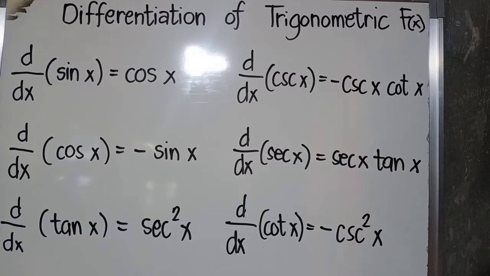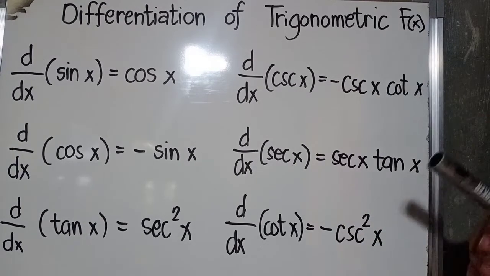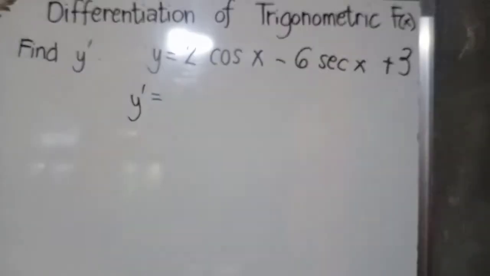Number 3, if it has tangent, its derivative has squared, such as this one and this one. And for the last one, if it has secant, its derivative is itself multiplied by its partner, such as this one and this one.